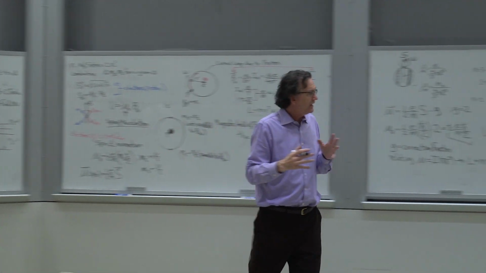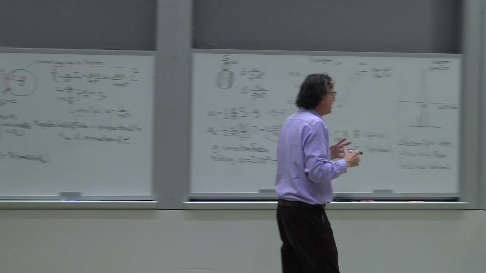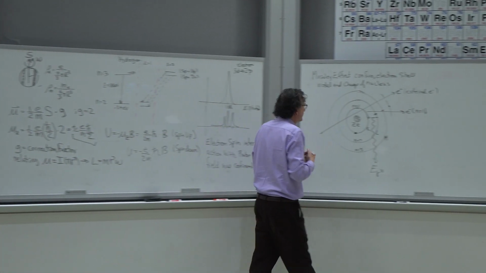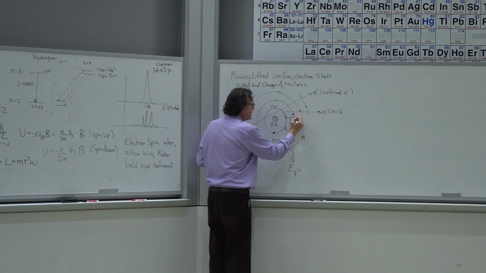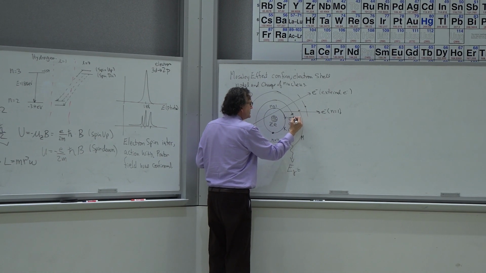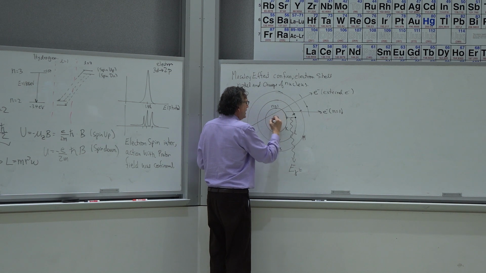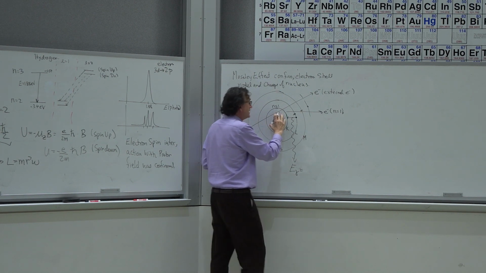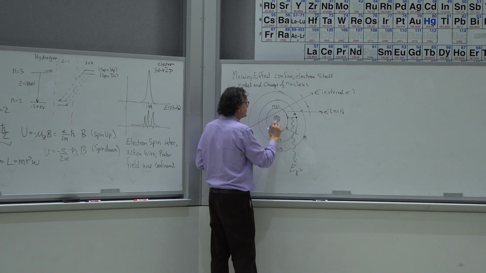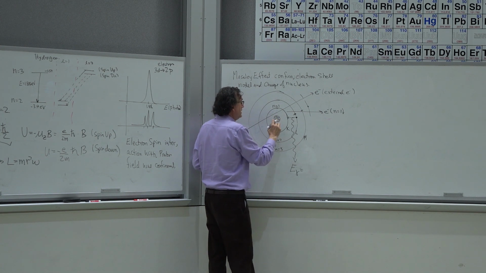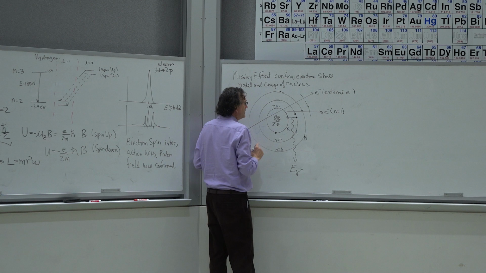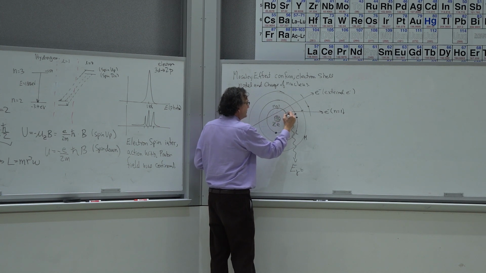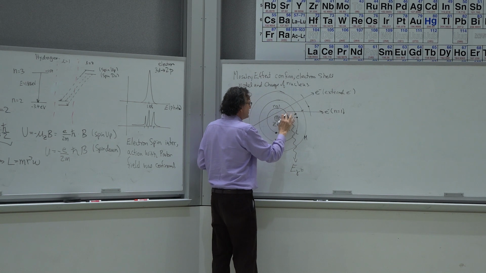Now, remember, if you are an electron or a charge sitting here, looking at the nuclear charge, what you see is not just the very high number Z, but it's actually Z minus 1. In other words, there were 2 electrons, and there's only one now.